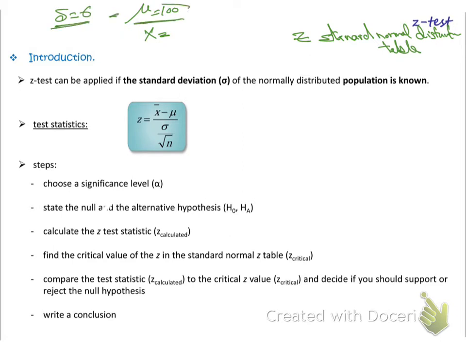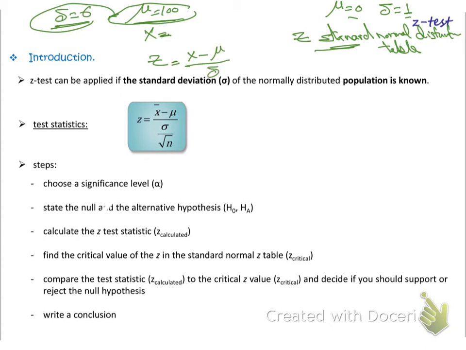This means it is not a standard normal distribution, because the standard normal distribution has a mean of mu equals 0 and the standard deviation equals 1. So in order to convert x into z, we said that z equals x minus mu divided by sigma, right?